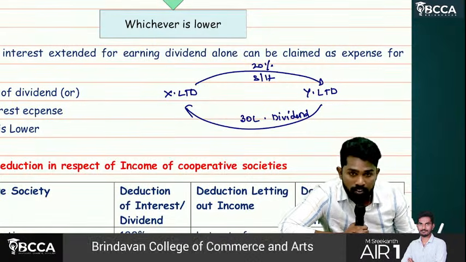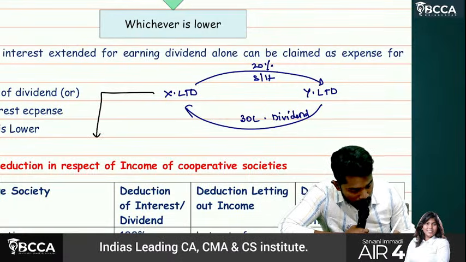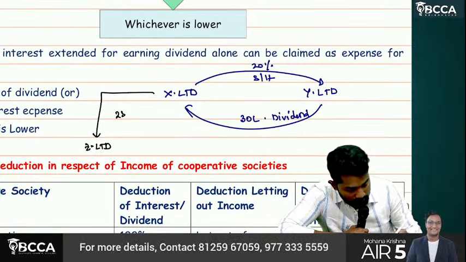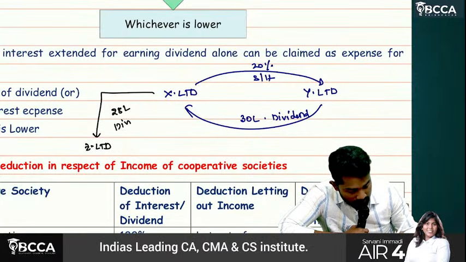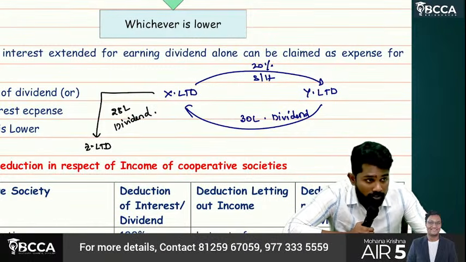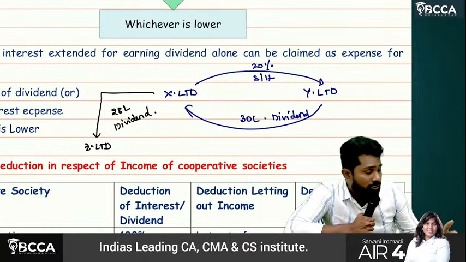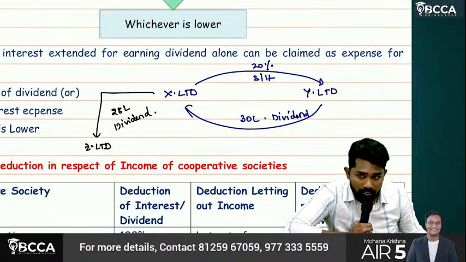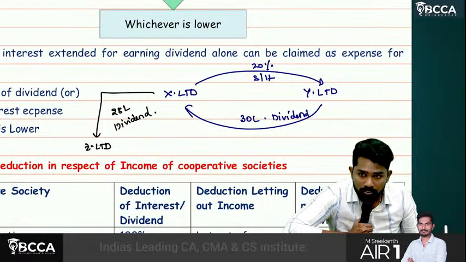Now again X Limited paid to Z Limited 28 lakhs as dividend. Sir, ideally what will be the 80M deduction? Dividend received 30 lakhs, dividend paid 28 lakhs. Whichever is lower, how much will you claim as deduction? 28 lakhs you can claim as deduction, right?